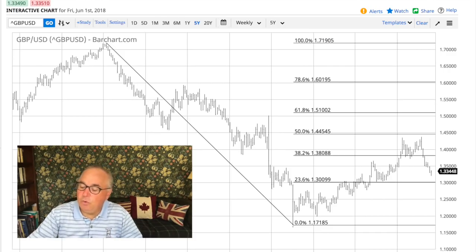And we've broken completely down now, and we went through the 38.2% retracement, and the pound doesn't look good. I guess the next support will be 130. We saw some resistance there in May of 2017 before, yeah. And it's a round number as well, so the 130 level. But I think medium to longer term, the pound looks to be going lower.